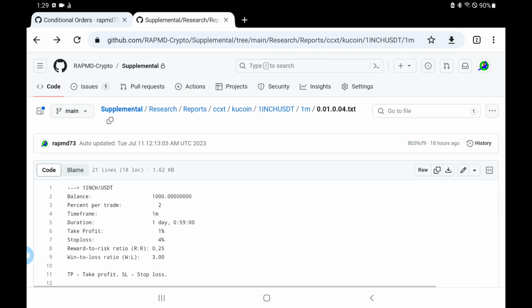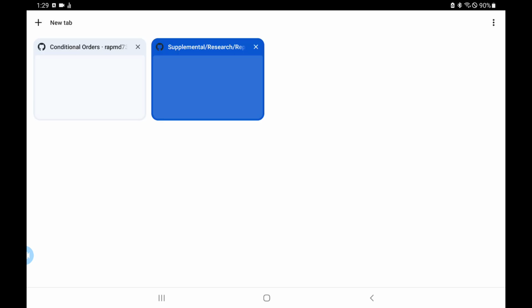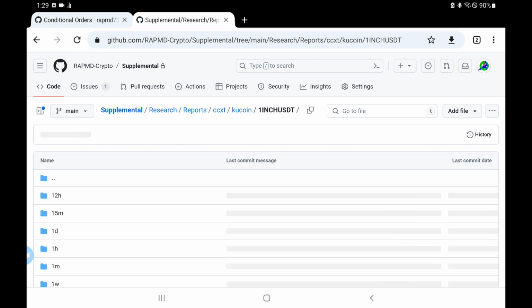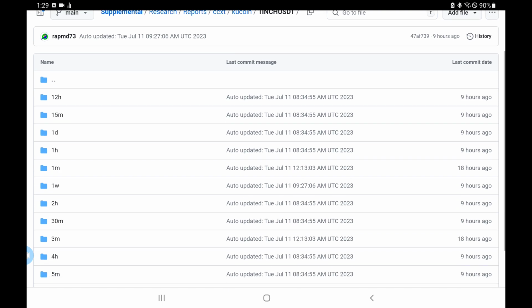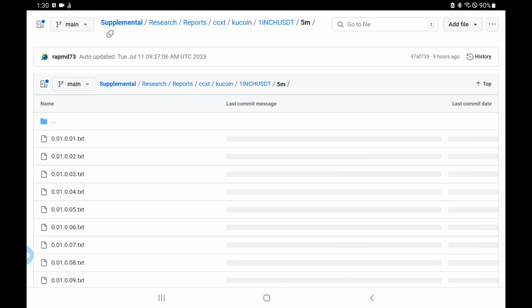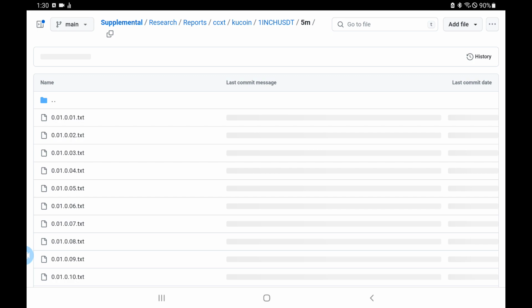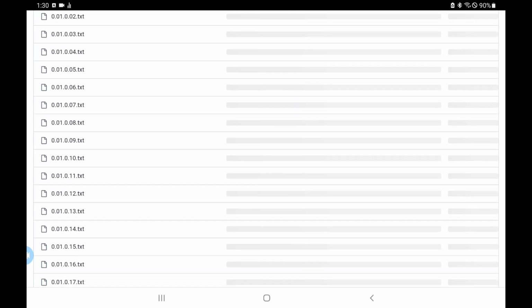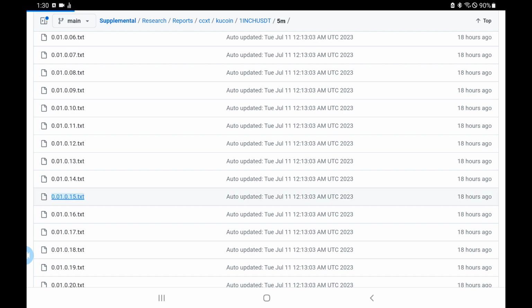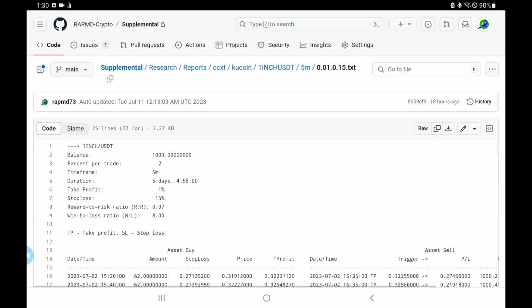So let's go into the 5-minute to see if we can get some better information. Okay, here is the 5-minute time frame. And you'll see we have a lot more data. For example, let's do a 1% take profit, 15% stop loss.